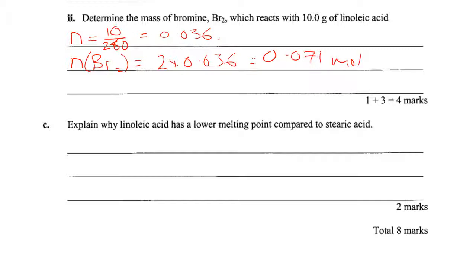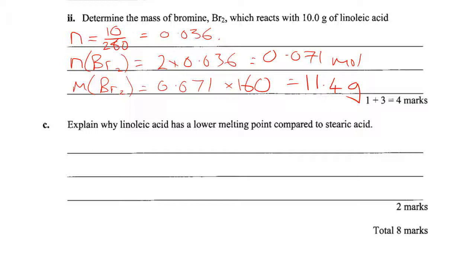And then all we've got to think about is the mass of bromine, which is 0.071 multiplied by the molar mass, which is 160. And we get our answer there. So multiply that by 160. What I tend to do when I'm doing these is leave the previous answer in your calculator, and just use that in your next calculation.